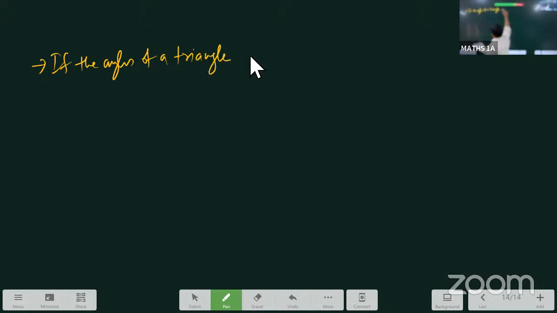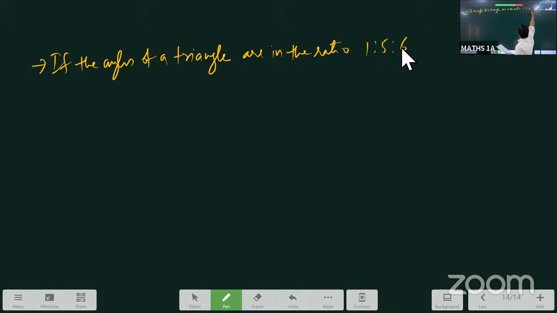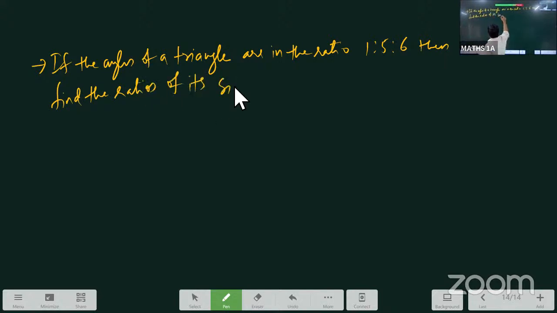Next 4 mark, what I'm talking about is: if the angles of a triangle are in the ratio 1:5:6, then find the ratio of its sides.